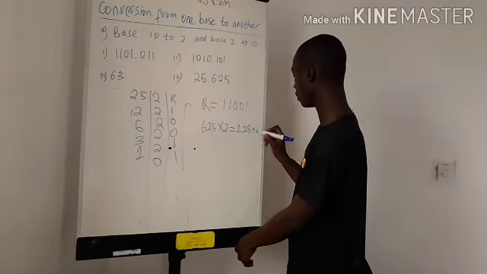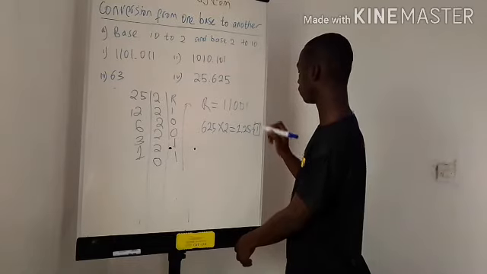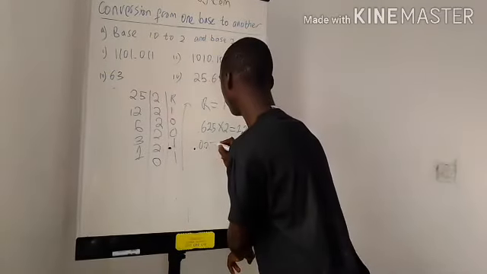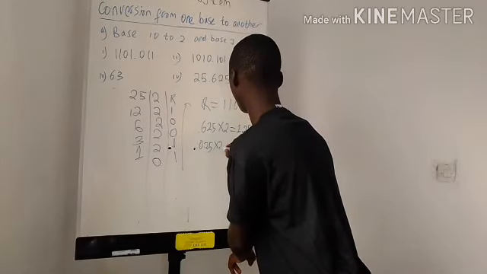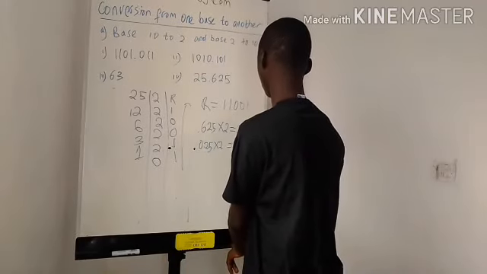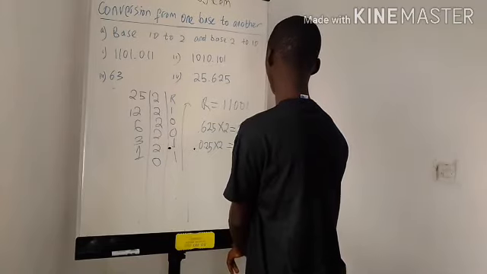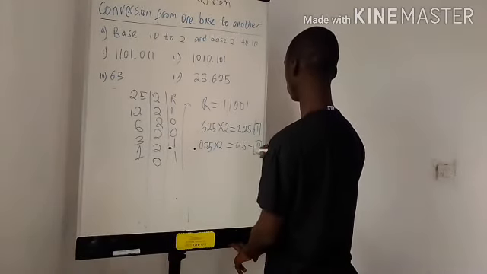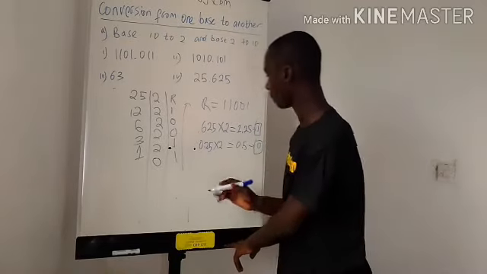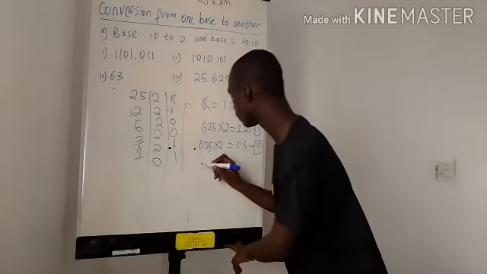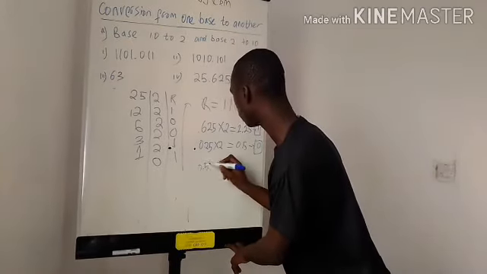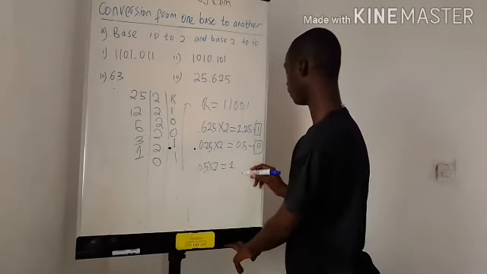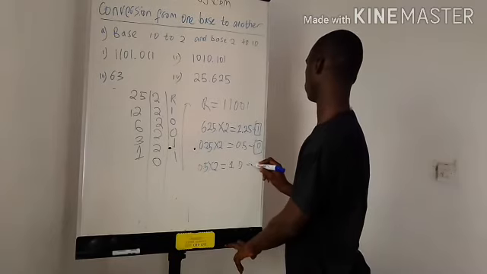So here we're going to keep this 1, and come here. 0.25 times 2 is equal to 0.5. Here again, we'll keep the 0. Just store it somewhere. Now take the 0.5. 0.5 times 2 is equal to 1.0.